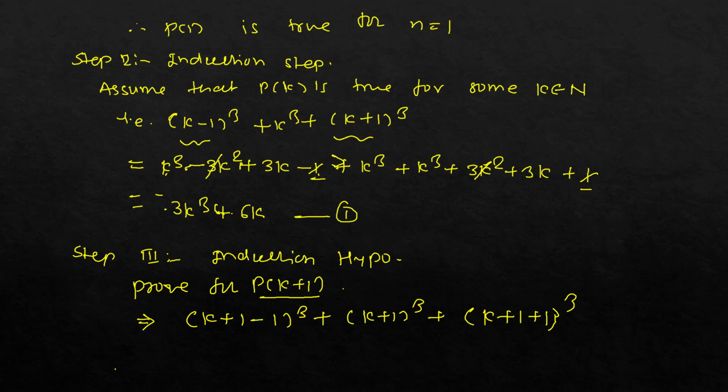So 1 minus 1 here becomes 0, then 1 plus 1 is equal to 2. So we get here k cube plus (k plus 1) cube plus (k plus 2) cube.